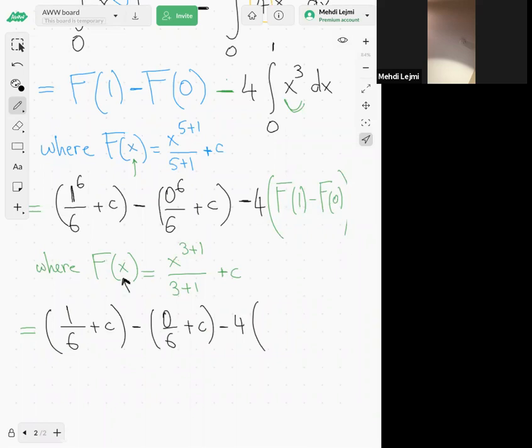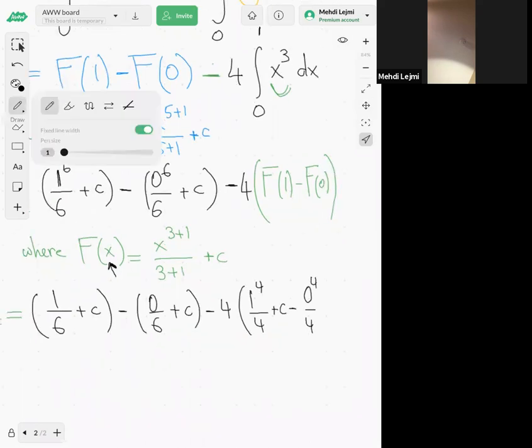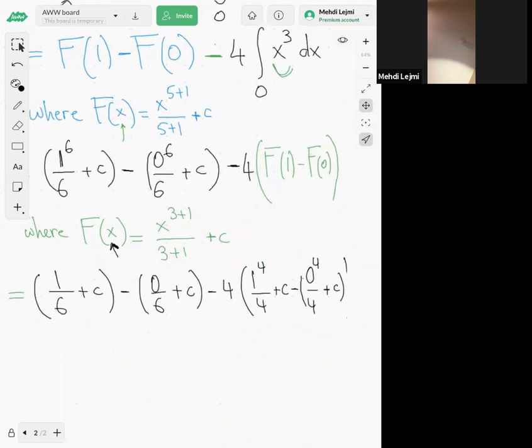So that's 1 to the power 4 over 4 plus c, minus, and then I'm going to plug in 0, so it's 0 to the power 4 over 4 plus c, with parentheses. Anyway, the c's are going to cancel out.